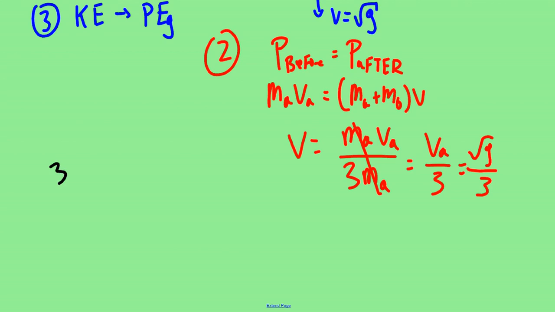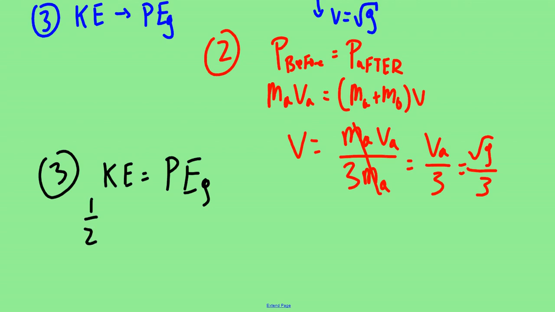So finally, for step 3, I'm going to go over here to the left, we can use conservation of energy once again to figure out how high it rises up to. And so again, we're setting kinetic energy equal to potential energy, so we use our equations, half mass velocity squared. In this case, the mass is A plus B, so it's both masses together, equaling mgh. And again, it's both objects, A and B, when we're talking about our masses.